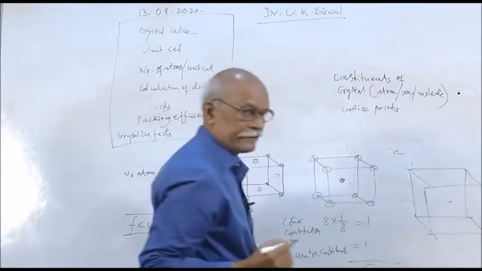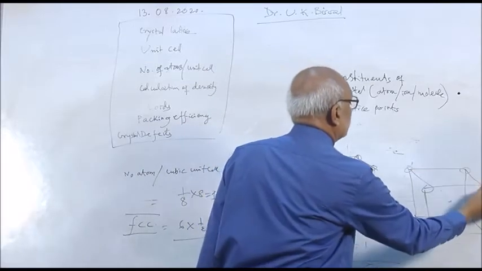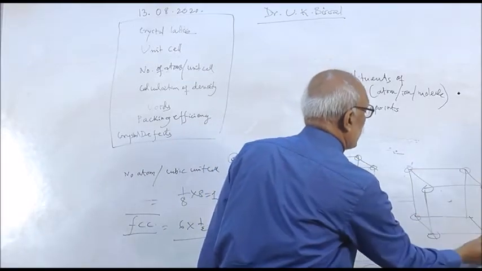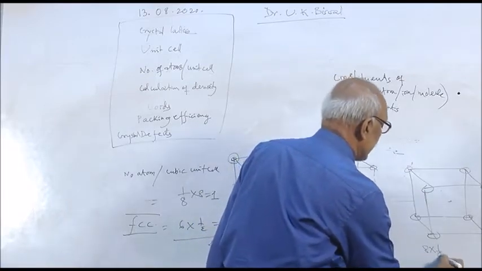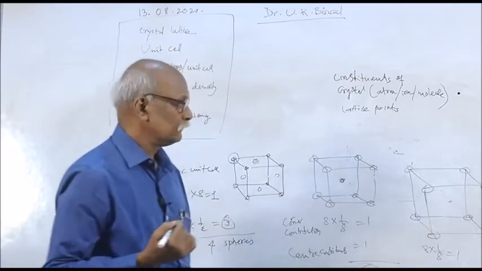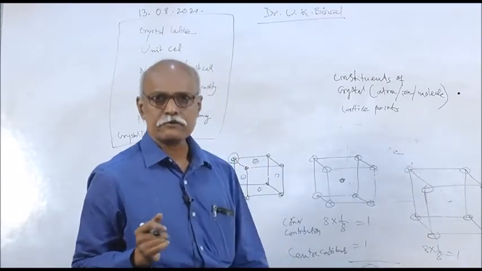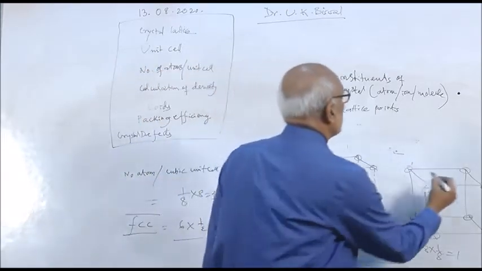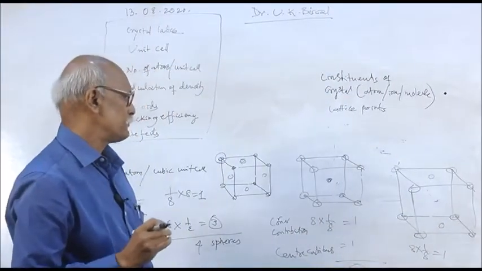Now let us say end centered cubic. End centered cubic means there will be 8 corners. Each corner is shared by 8 cubes. So the contribution is 8 into 1 by 8, that is 1. So 1 atom towards the corner contribution. Then you see on the opposite faces there are 2 spheres.